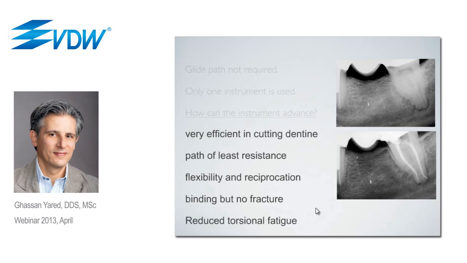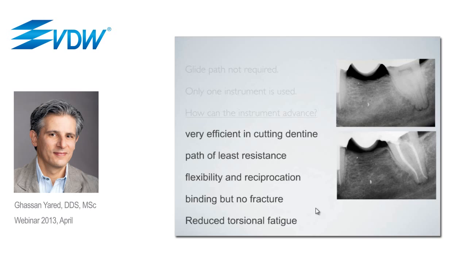We know that this instrument can go even in very narrow canals because even if it binds, it will not fracture. It will not fracture because the angles that are set on the motor are much lower than the angle at fracture of the instrument. We also know that the instrument will not be subjected to torsional fatigue, or torsional fatigue will be very low.